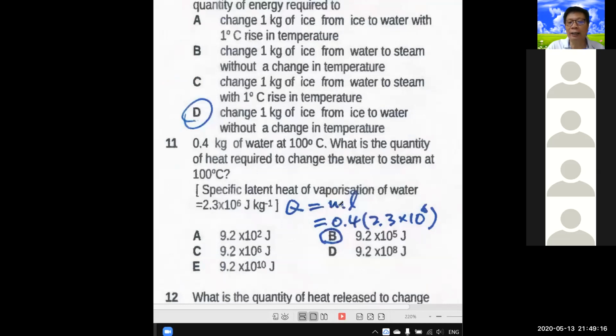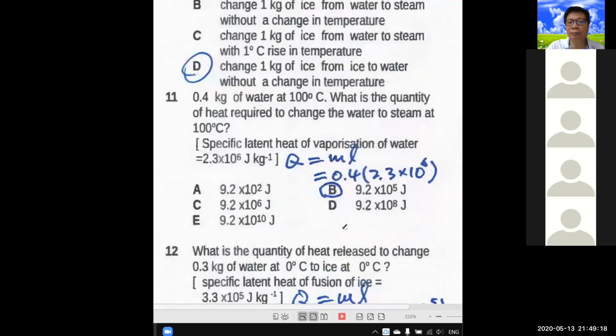And for those who are done, can you answer question number 12? Then later you tell me what answer. Okay, 20 seconds from now, question 12, you do it yourself.